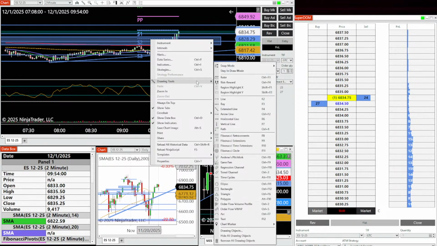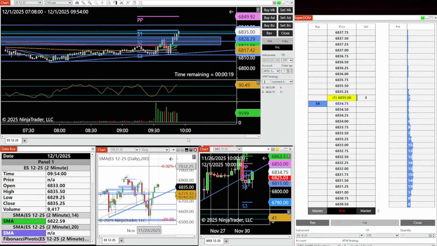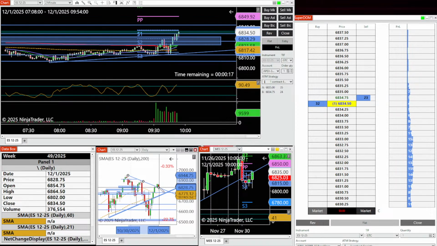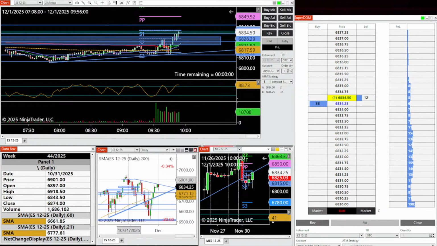If we put the line where it's supposed to go, we can do it here, or bring it here like this. Either way, if we break above, I'm going to use this 63.75.